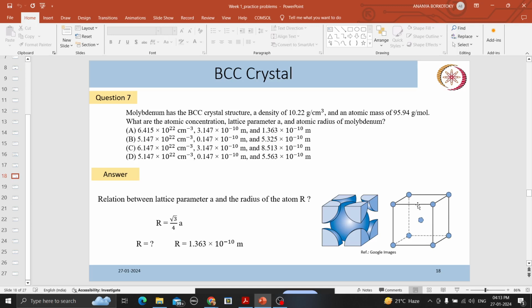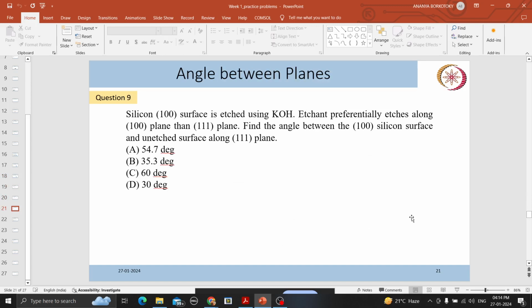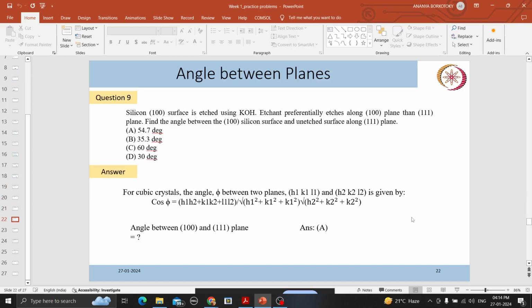We can draw a perpendicular line from each of these two planes, and calculate the angle between those two orthogonal vectors, right? The property of the cubic crystal system is that the direction and the plane are orthogonal. So we use this property here.